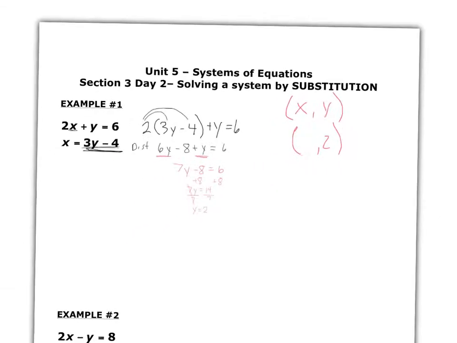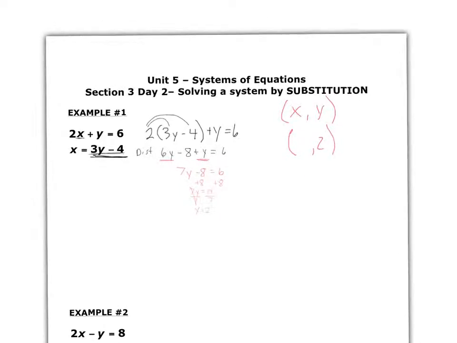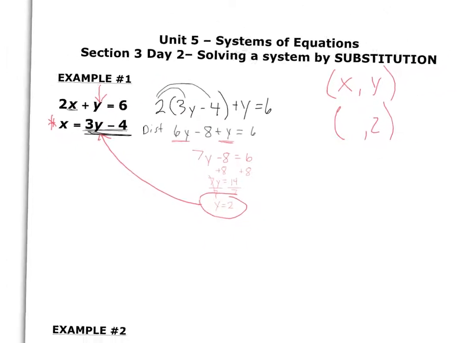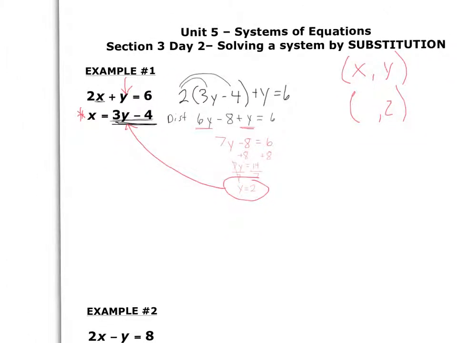Okay, but how can we figure out our x? Well, we simply have to plug our y back into the y in either of our equations, but we want to choose the easiest one. So let's choose the bottom guy. Okay, so we're going to rewrite that equation. X equals 3y minus 4, but instead of y, we're going to put our 2.